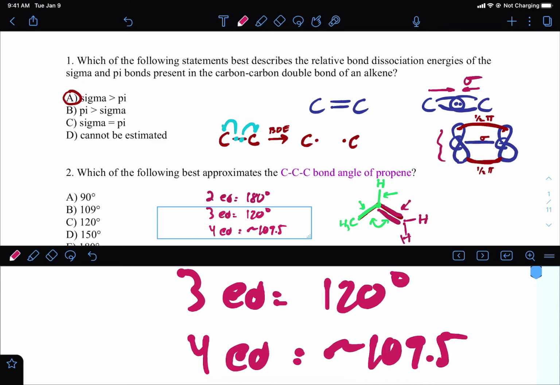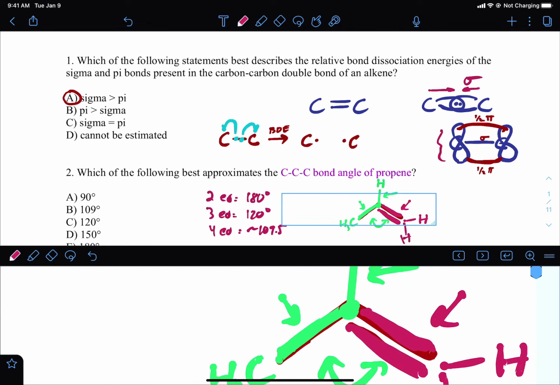There can be some slight variation there, from 109.5 down to about 104.5, depending on whether the domains are lone pair domains or bonding domains. The angle can vary a bit, but if they're all bonds, then we follow this pattern exactly. So 3 electron domains around our central carbon.